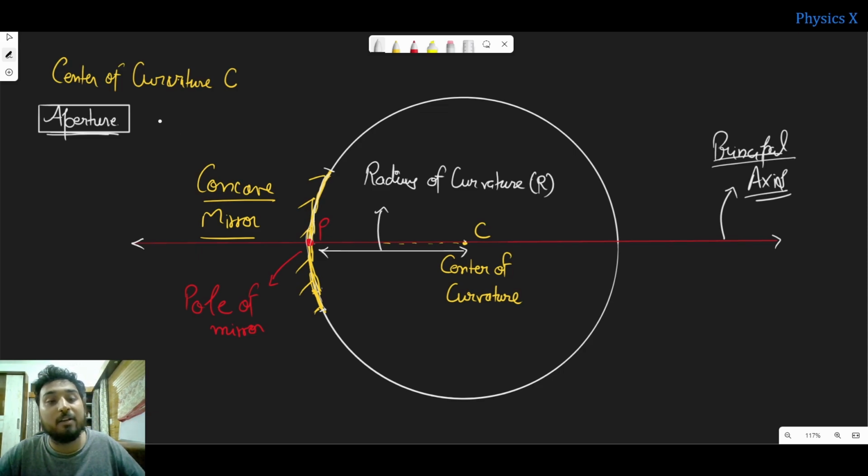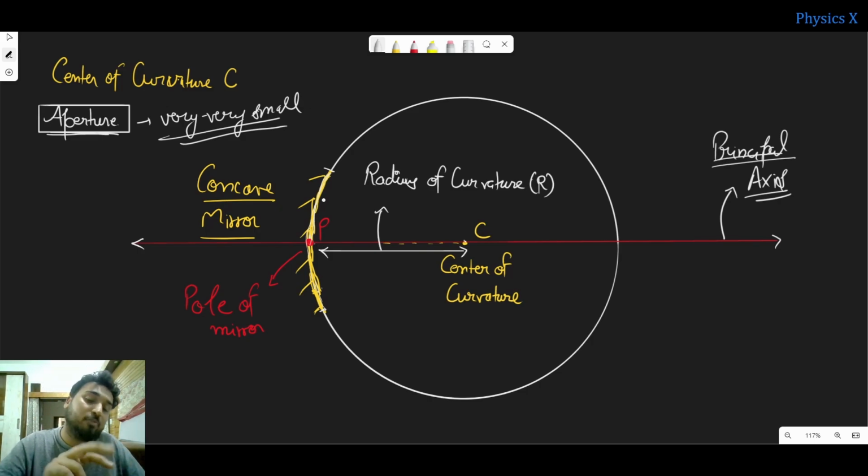We assume, while considering concave and convex mirrors, that the aperture is very, very small. That means I am drawing this concave mirror as a large part of this sphere, but in practicality it will be much smaller than this.